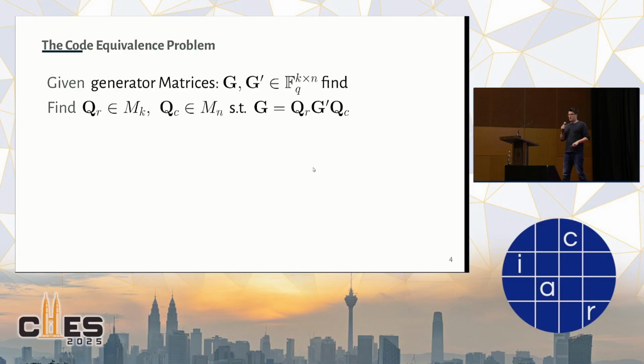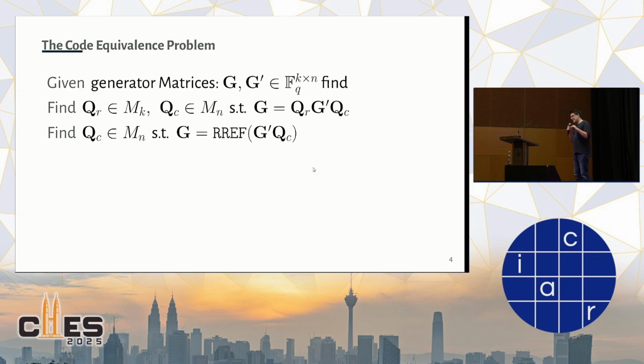Okay, so what's the linear code equivalence problem? Given two generator matrices, G and G prime, this problem asks to find a monomial matrix acting on the rows and a monomial matrix acting on the columns, which puts G and G prime into a linear equivalence. I already added the subscripts R and C to highlight whether a matrix is operating on the columns or on the rows.